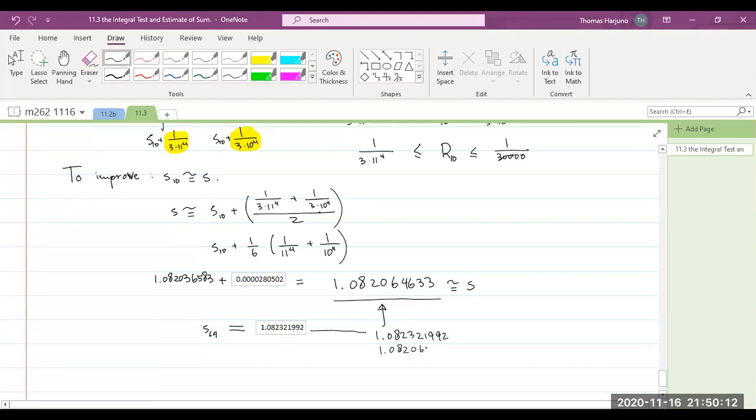This is a big difference. Am I computing something wrong? This is 0.0003. Oh yeah, it's actually 2.6 something approximately. So this guy is less than 1 over 30,000.